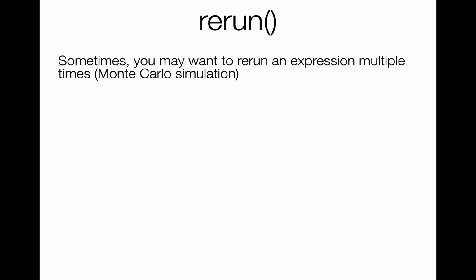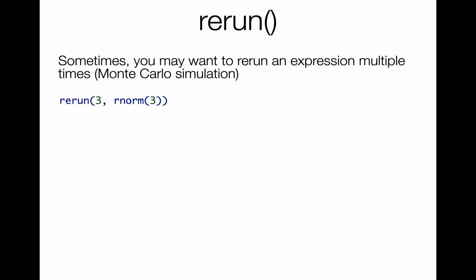You're going to use rerun a lot in what we're going to do, especially in homework number 6. So here is a call to rerun. The rerun function is very simple. You specify how many times you want to rerun the expression, so I say 3, and then you give it the expression. Rerun can take in one thing, or it can take in 10 lines of code, 100 lines of code.